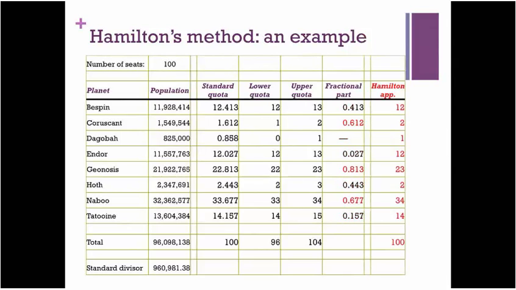In fact, here they are shown in red. So those are the 3 largest fractional parts. Those 3 planets get their extra seat, therefore they get their upper quota rather than their lower quota. And there's the Hamilton apportionment, showing you the number of seats given out to each planet, and of course it adds up as it's supposed to, 100 seats.